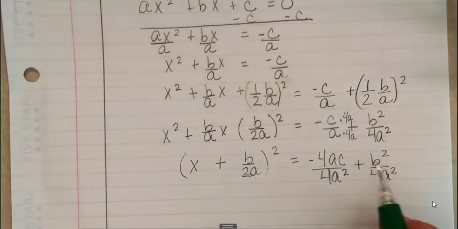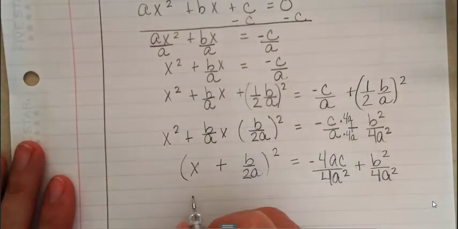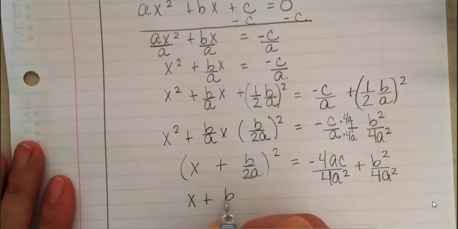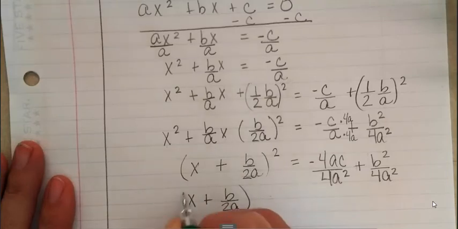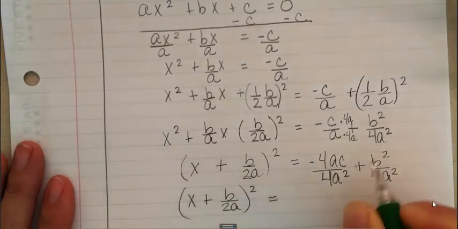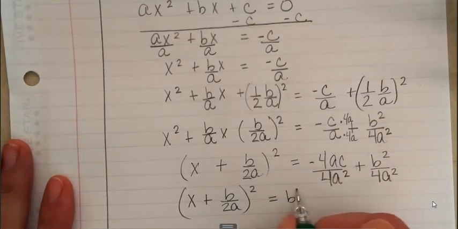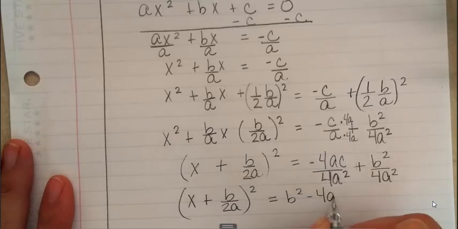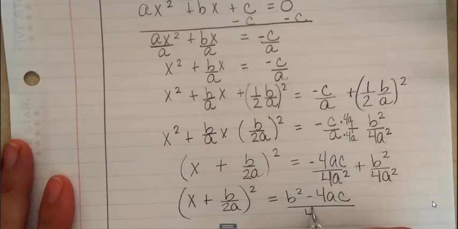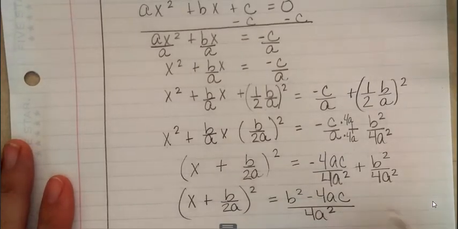So now I'm just going to simplify the right-hand side so that I have x plus b over 2a, whole thing squared, equals, and I think I'll go ahead and take the b squared and then subtract the 4ac. And put that over 4a squared.